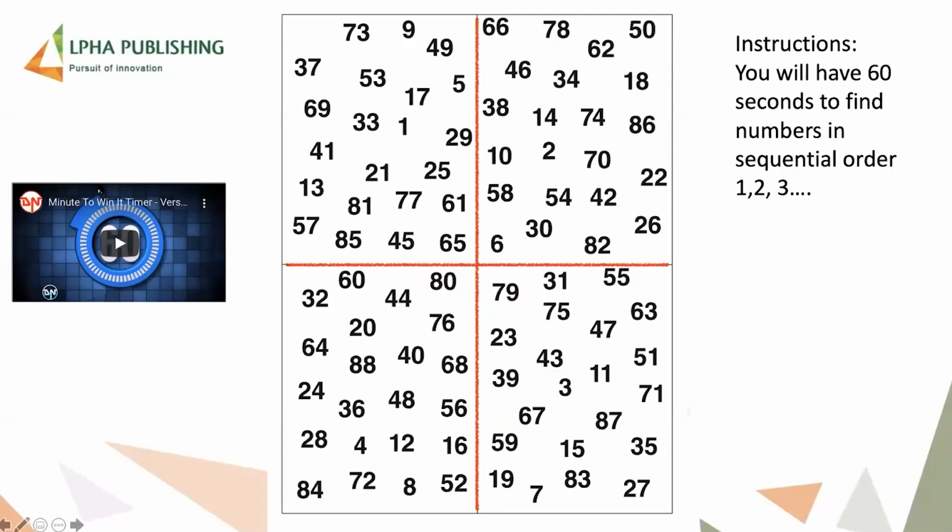Once again, you're counting 1, 2, 3, 4, and you're going as far as you can go, counting the numbers in order. So we're not just finding the highest number, but we're counting them in sequential order. So let's go again. We're beginning now. In 3, 2, 1.